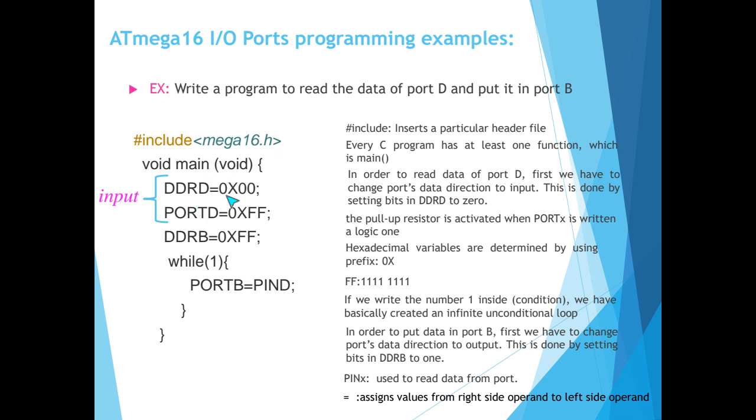I use the hexadecimal number prefix and 00 because, as we talked about, each of the zeros in hexadecimal numbers includes 4 zeros when we convert it to binary numbers.